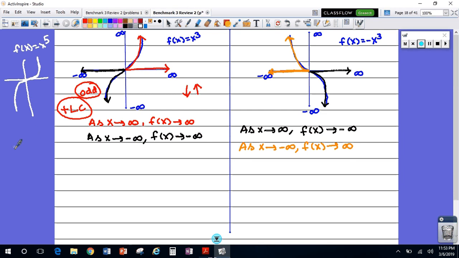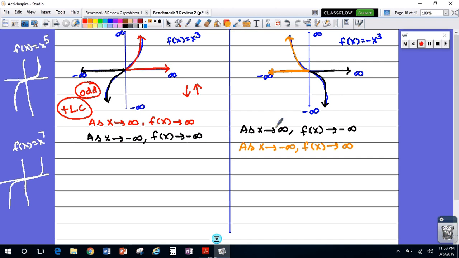Suppose you have f of x equals x to the 7th power. Again it moves from left to right, but more flat at 0.